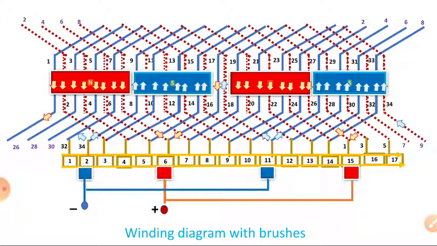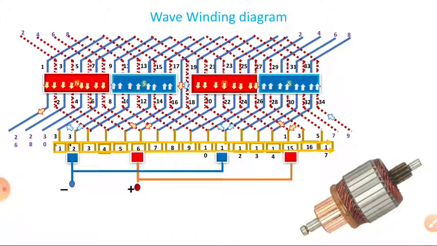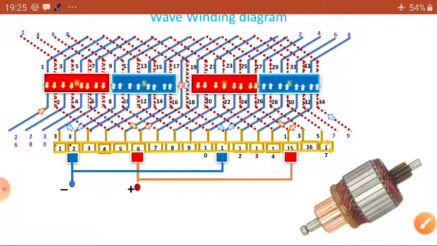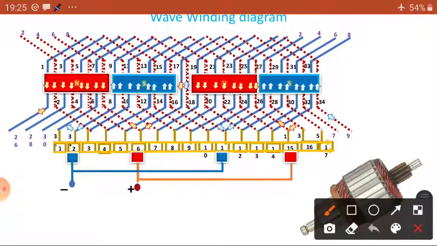Now after completion of this one, simply draw the ring diagram. Okay, so this is the complete armature. So this is the total winding inside here, and the commutator segments. You can see these are the commutator segments, this is the total winding here, and the commutator segments here. Okay, so brushes placed here.